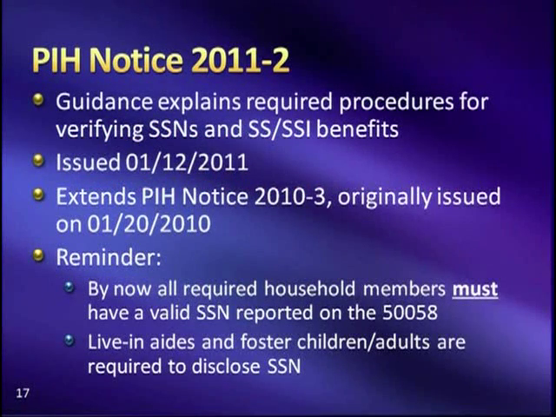This notice was issued on January 12, 2011. And just a reminder, please keep in mind, Social Security numbers are required of all household members. That includes live-in aides and foster children.